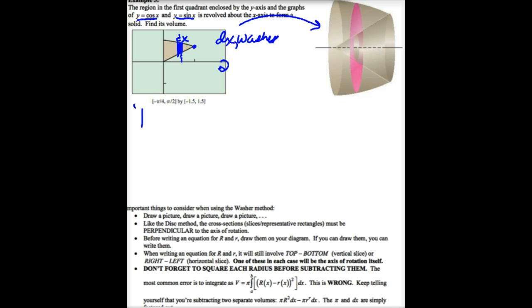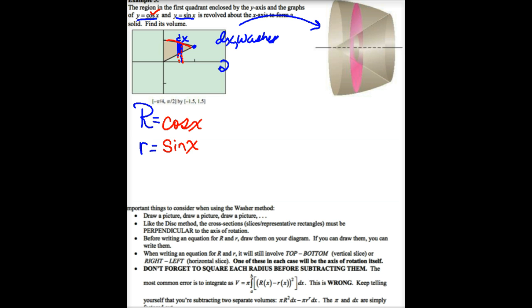So what I need is capital R, axis to the outer edge, and baby r, axis to the inner edge. Axis to the outer edge is the y value on the top function. The top function is cosine because cosine 0 is 1, sine 0 is 0. So big R is cosine x, whereas little r is axis to the inner edge, which would be sine x.